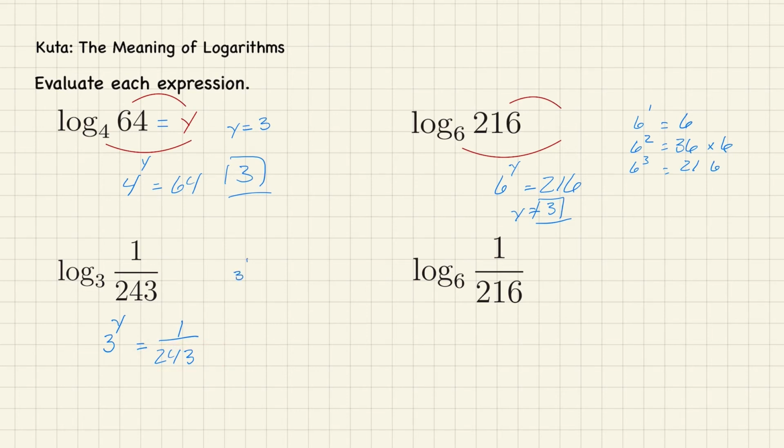3 to the first power is 3. 3 squared is 9. 3 cubed is, if this is squares, it would be 9 times 3 is 27. 3 to the fourth power is 27 times 3, right?